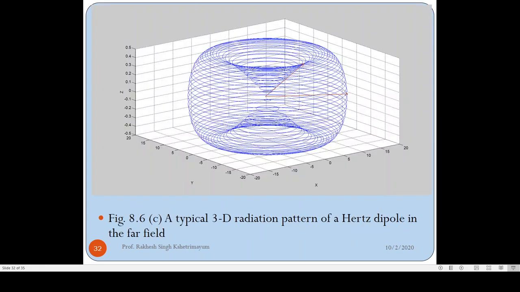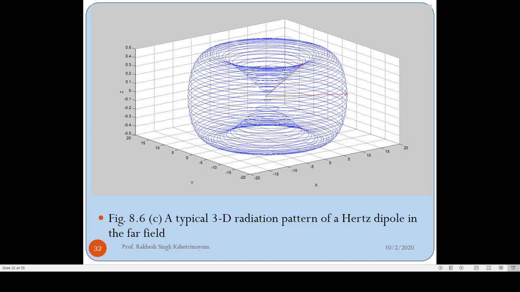I have done this plot for the 3D radiation pattern of a Hertz dipole using MATLAB. Let us say you want to draw this radiation pattern by hand, with pen and pencil, on a page. Paper is a 2D plane and you want to draw a 3D radiation pattern. That is going to be very tough.